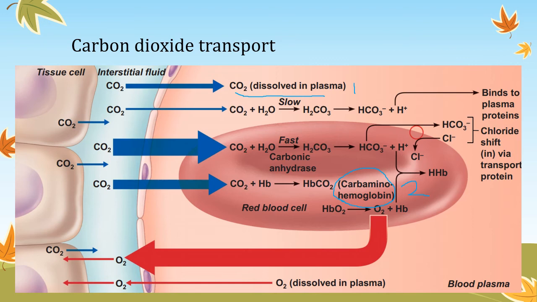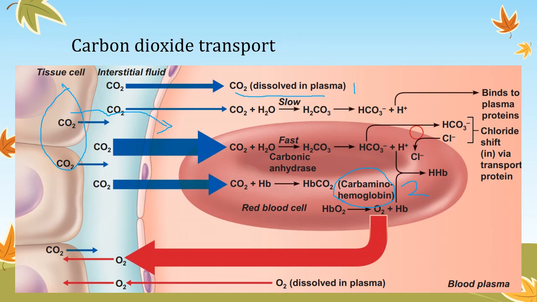So what's the third one? The third one is that carbon dioxide can also be transported by forming bicarbonate. Through the bicarbonate form, it is transported through the blood. For example, if this is the cell tissue, carbon dioxide from the cell tissue enters the interstitial fluid and then into the blood.